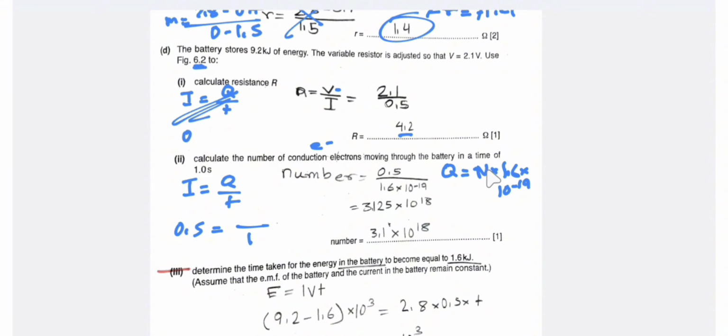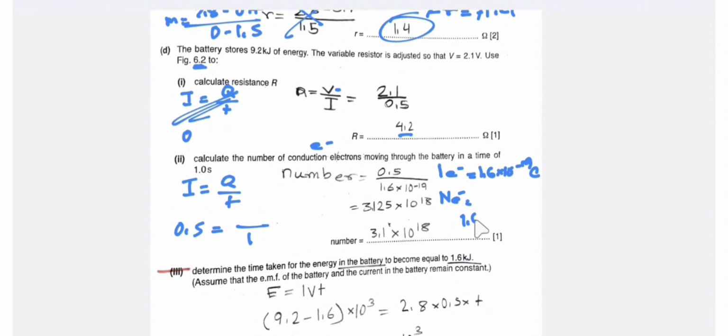Let's suppose that for 1 electron the charge is 1.6 into 10 to the power minus 19 coulomb. For n number of electrons, what is the total charge?